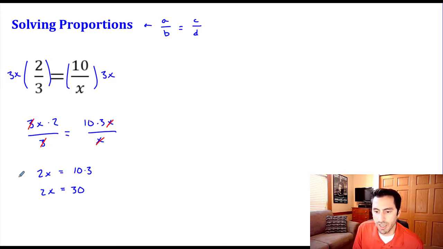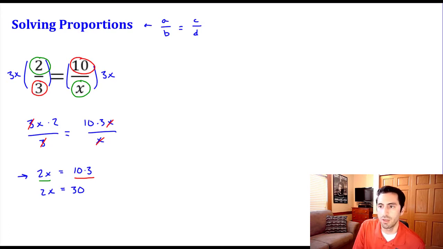But if we look at this equation and what we end up with, we have 2 and x. So over here on the left, we have 2 times x, and over here on the right, we have 10 times 3. So this is where the cross product comes from.